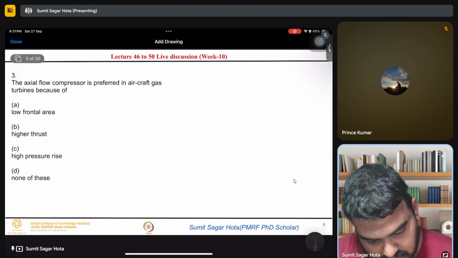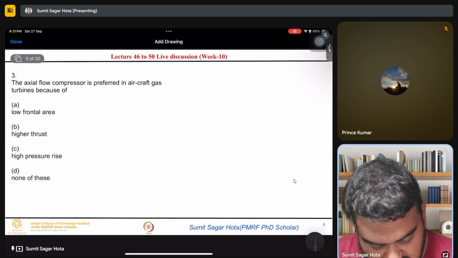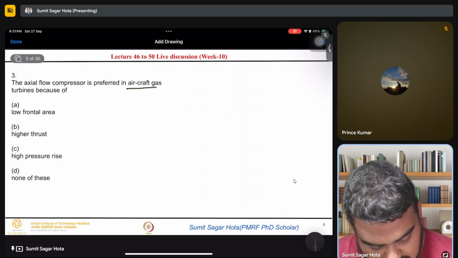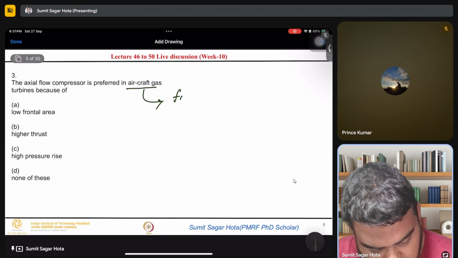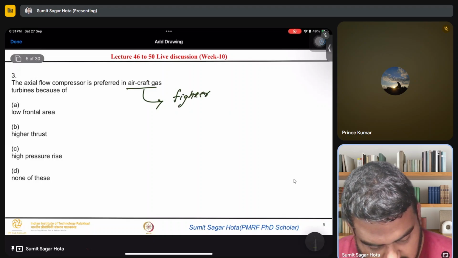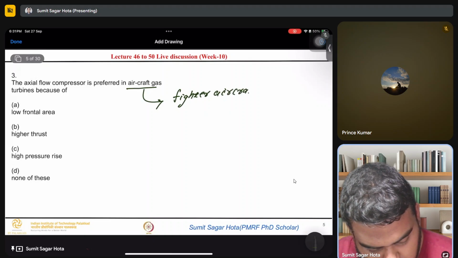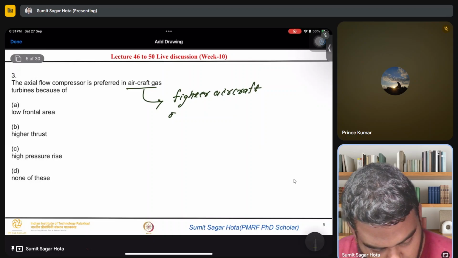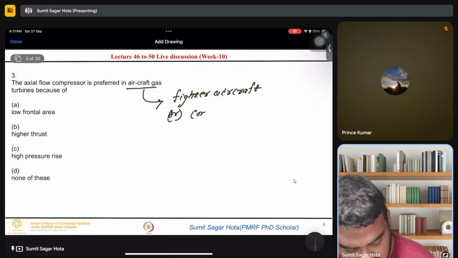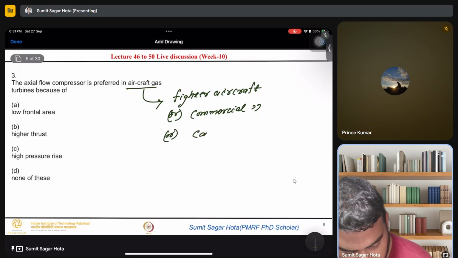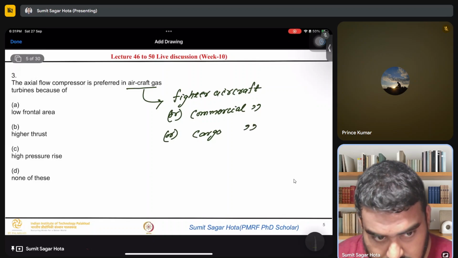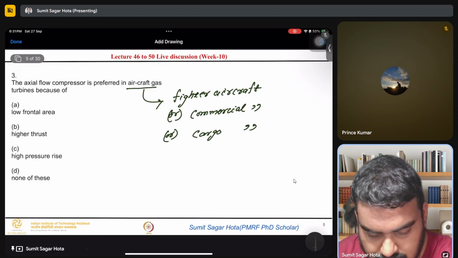Here aircraft can mean fighter aircraft, or commercial aircraft, or cargo aircraft.